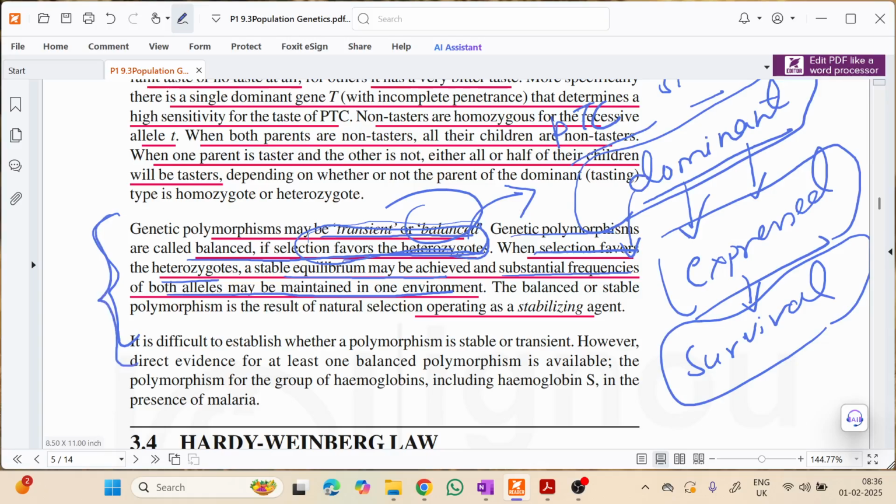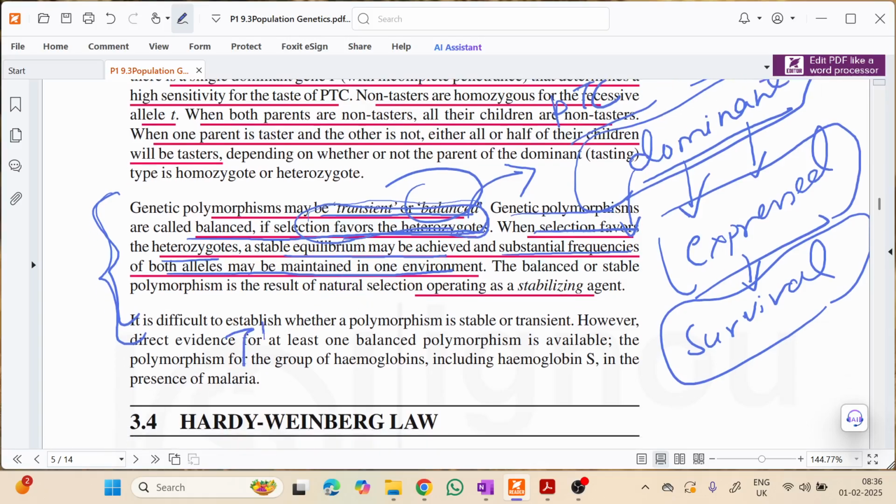So again, this is a good hypothesis कि अगर heterozygous रहेंगे तो ये जो condition है this can lead to a stable equilibrium, क्योंकि यहाँ पे डोमिनेंट एंड रिसेसिव दोनों जीन एंड दोनों की फ्रीक्वेंसी अल्टीमेटली it will help in maintaining a stable count of population.